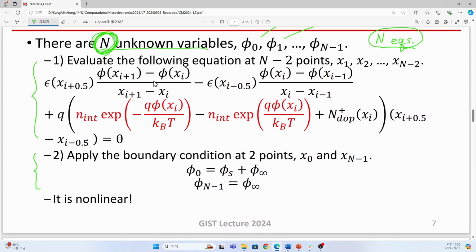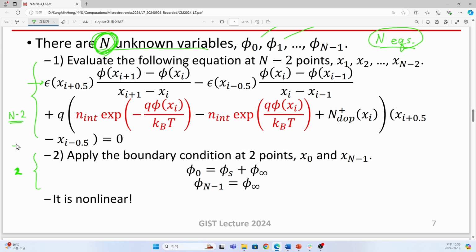One is for the bulk nodes, except for the boundary nodes, where we evaluate the nonlinear Poisson equation, and we can prepare n minus 2 equations. And finally, we evaluate the boundary conditions at the leftmost boundary and rightmost boundary.